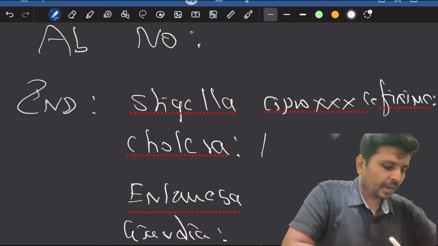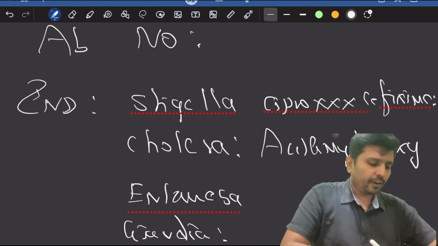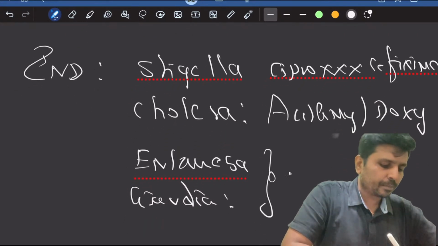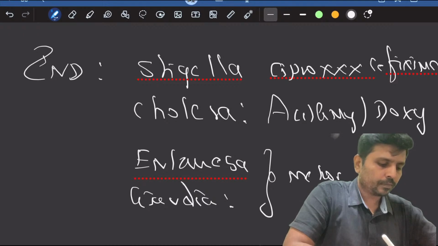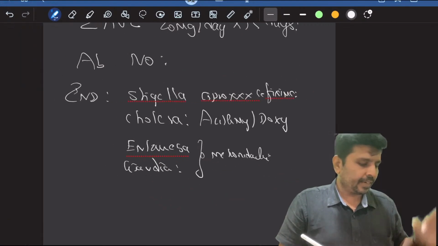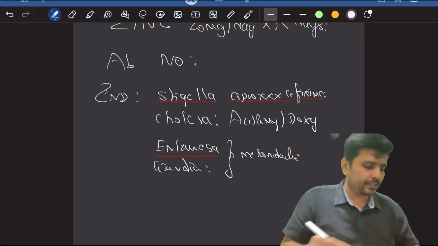For cholera, azithromycin or doxycycline single dose. For both Entamoeba and Giardia, the drug of choice is metronidazole. So there are literally no antibiotics in acute diarrheal disease otherwise.